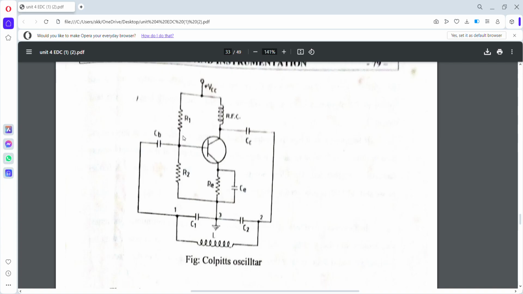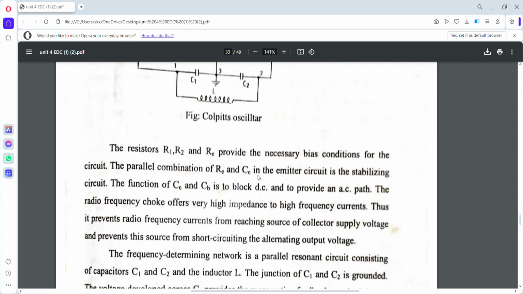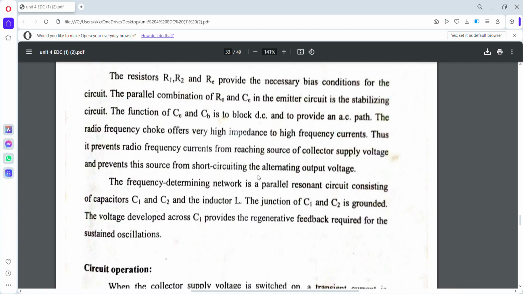That's why it minimizes interference. If there is no capacitor, the AC value and the DC are combined and produce a murmur sound. To avoid that we use a capacitor. This capacitor blocks DC and allows AC to the base. Same thing here also: it blocks DC and allows AC. Same thing here, the theory.